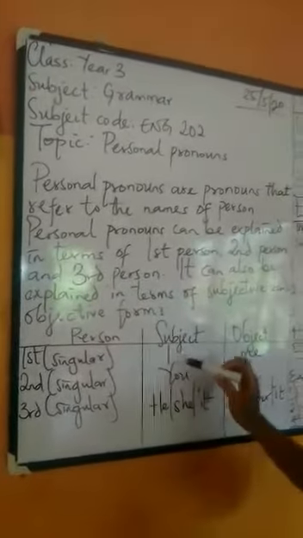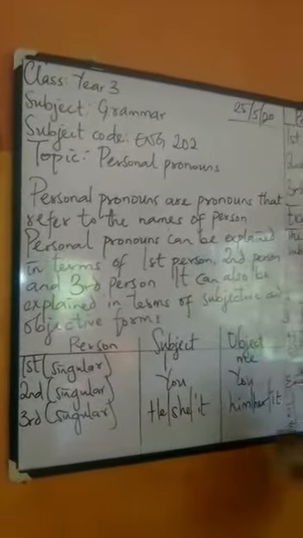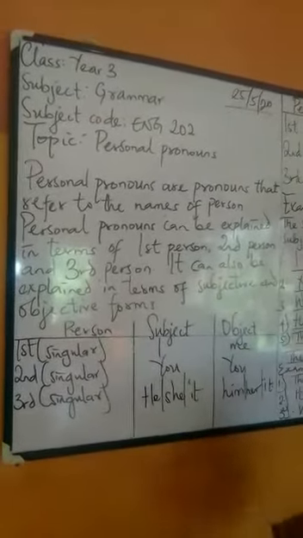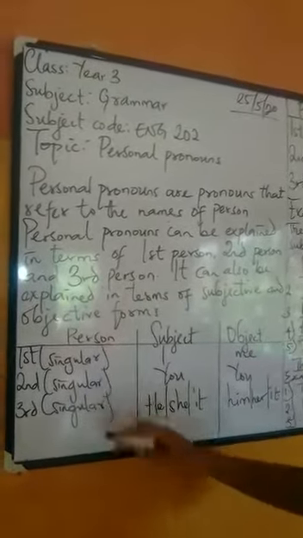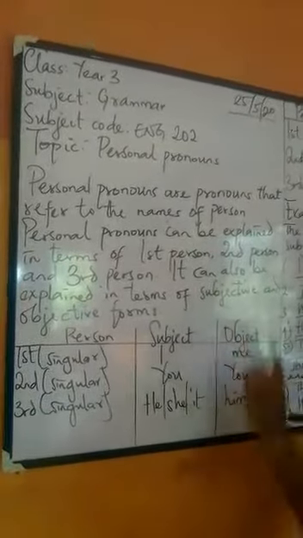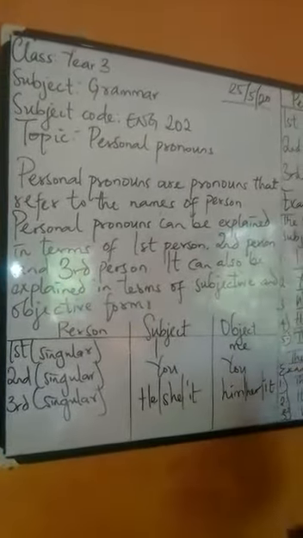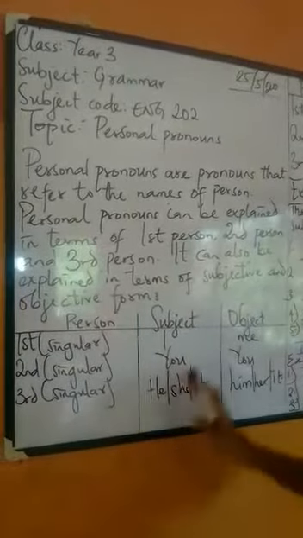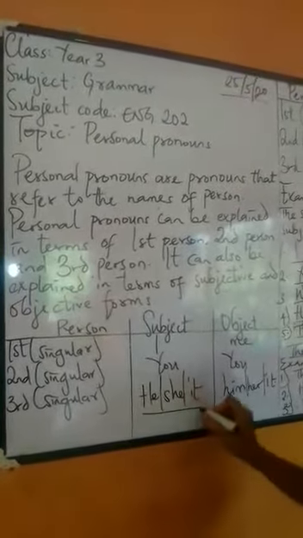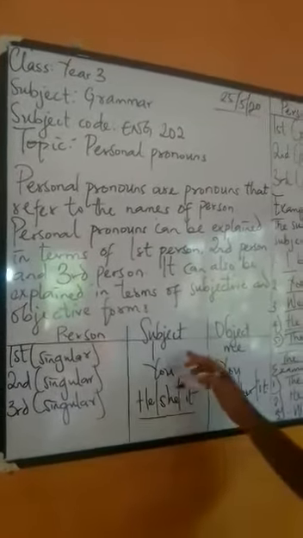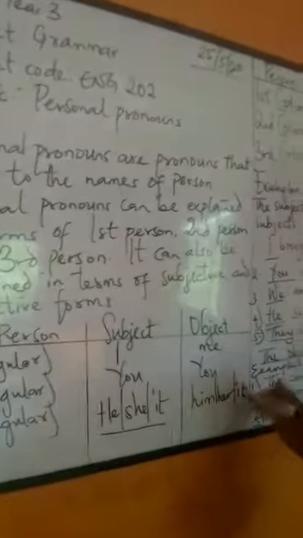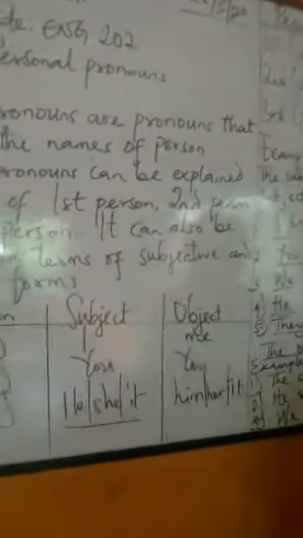First person singular: we have I as a subject, and the object form is me. Second person singular is you, you as a subject and you as an object. Third person singular: he, she, or it can serve as the subject form, and the object form is him, her, or it.